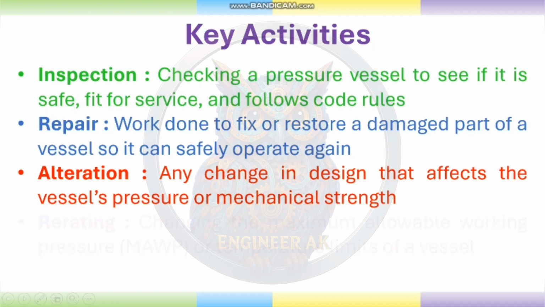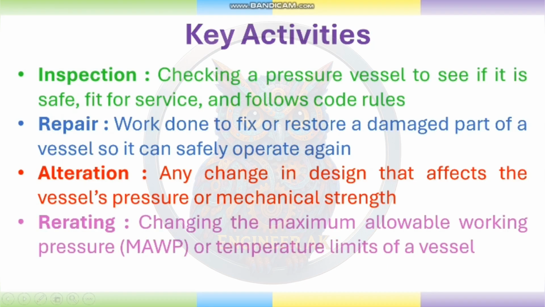Now the last is re-rating. What it basically means is to change the operating pressure or temperature. For example, if a vessel is operating at 100 degrees C, and after a certain time we change something in it, or add or remove something from it, and its operating temperature is, let's suppose, 120 degrees, that will be called re-rating, to change the maximum allowable working pressure or temperature of the vessel.